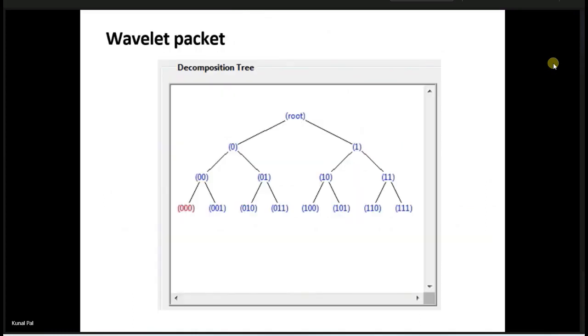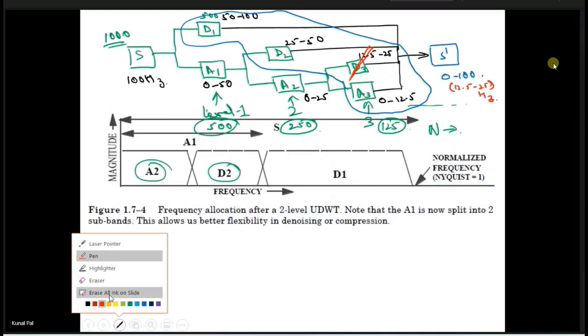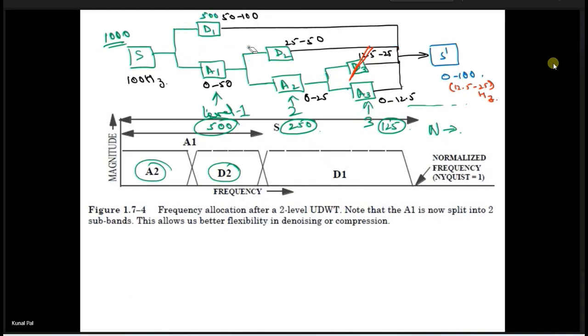If you look at the previous case, we are just decomposing our approximate coefficients. Due to this, the frequency resolution of the detailed coefficients is not improved.